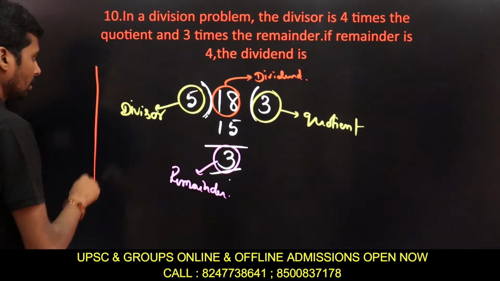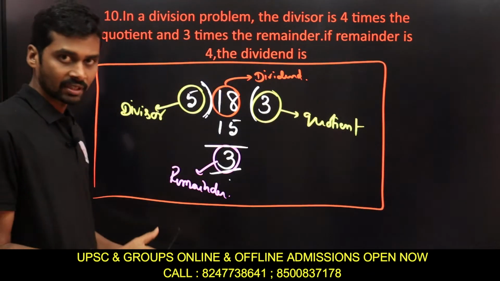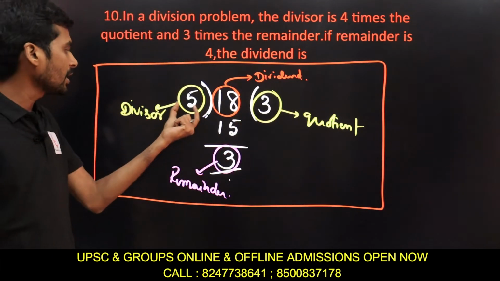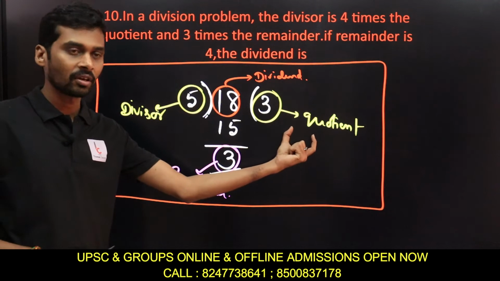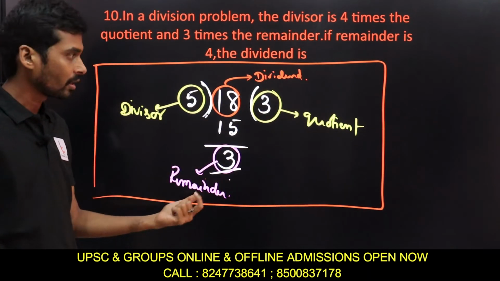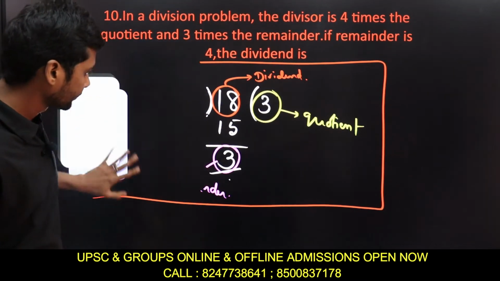So this is the basic fundamental form of a division. For any division, we have to remember these terms. This part is called the divisor, this part is called the quotient, this part is called the dividend, and this part is called the remainder. Now suppose you take this problem in a division.